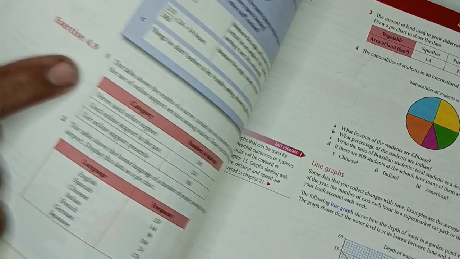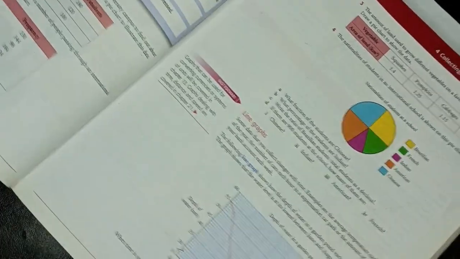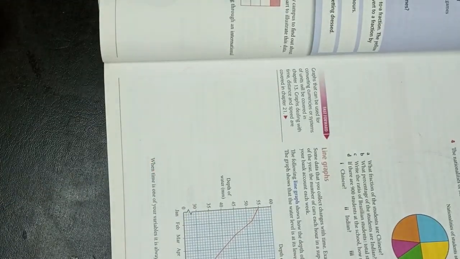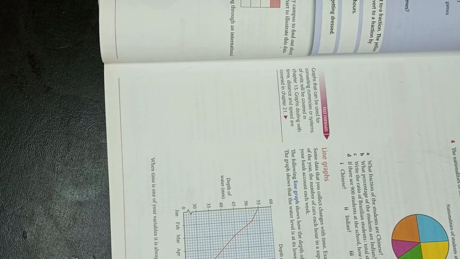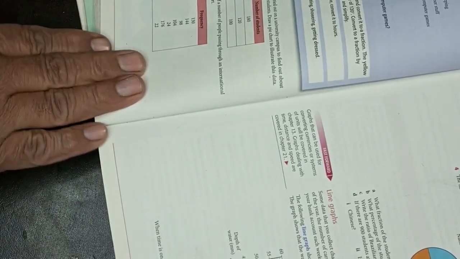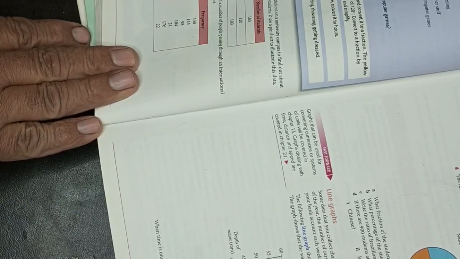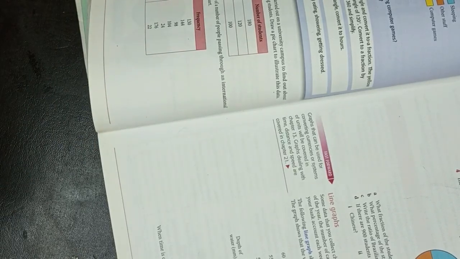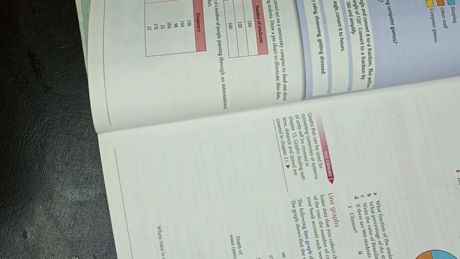It is all about statistics again. There are 4 questions in it. I have done a few of the questions in my routine lectures, but since my student has asked, I am going to do it on the table instead of the whiteboard.